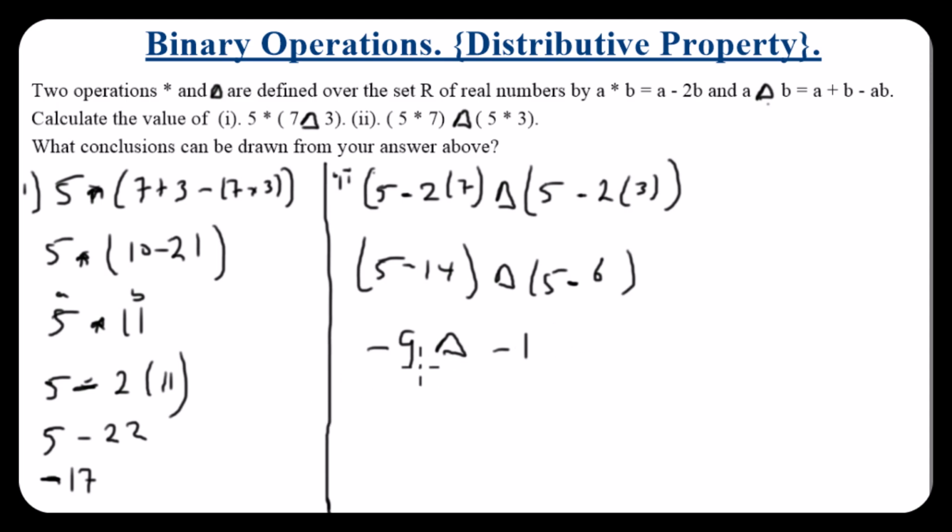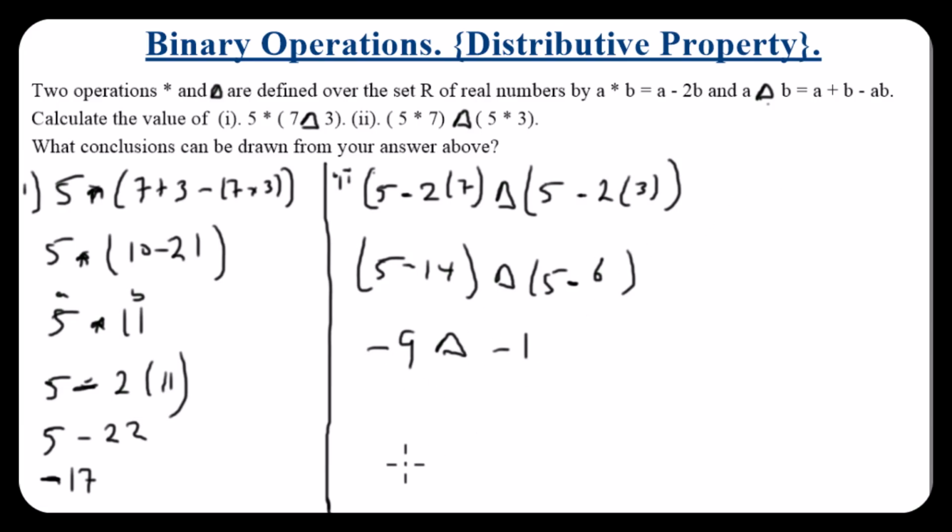Now I can use my operation delta. Where we have a delta b, we want to do a plus b minus a b. So now my a becomes minus 9 and my b will be minus 1.